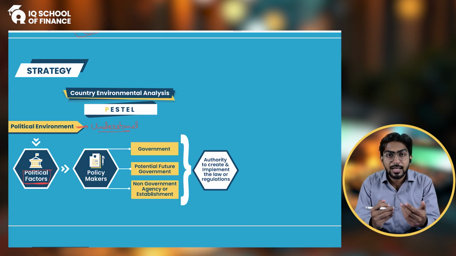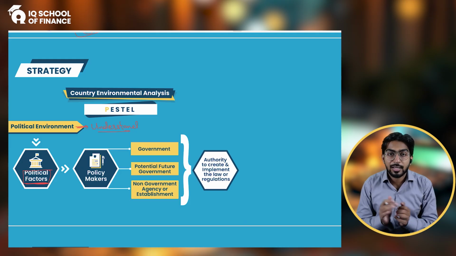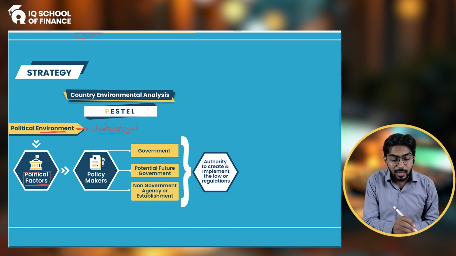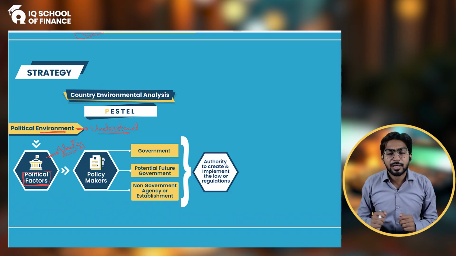We will discuss them in detail in a bit, but let me just construct the structure in your mind of how you are going to perform the political environment analysis. So, in order to understand the political environment, you need to identify the political factors. Now the question arises: how are we going to identify the political factors?